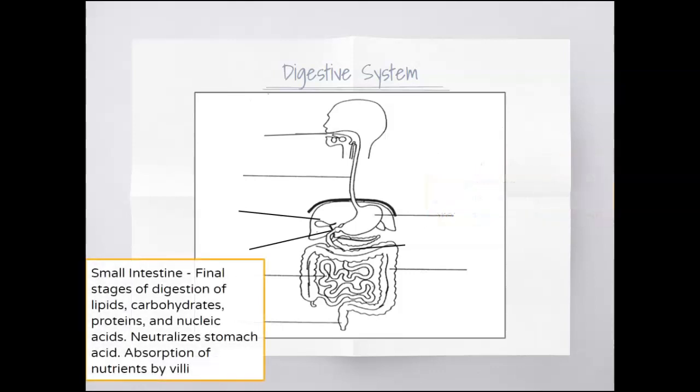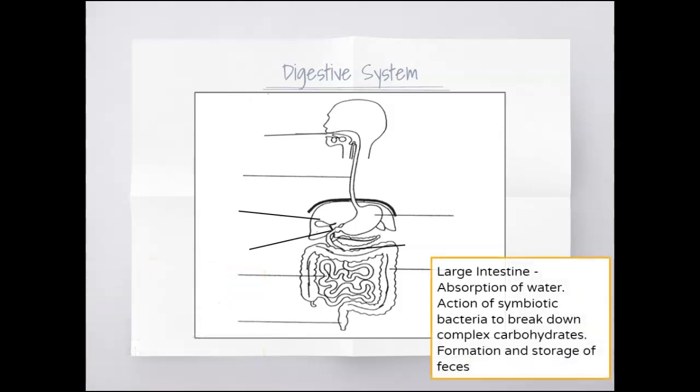Also deals with protein digestion. Small intestine is kind of the final stage of digestion where you're breaking down lipids, carbs, proteins, and nucleic acids so that you can take up all of those macromolecules. It also neutralizes stomach acid because stomachs have a pH of about 2, which is pretty acidic, and absorption of nutrients by villi, which we will talk about a little bit later on in this video.